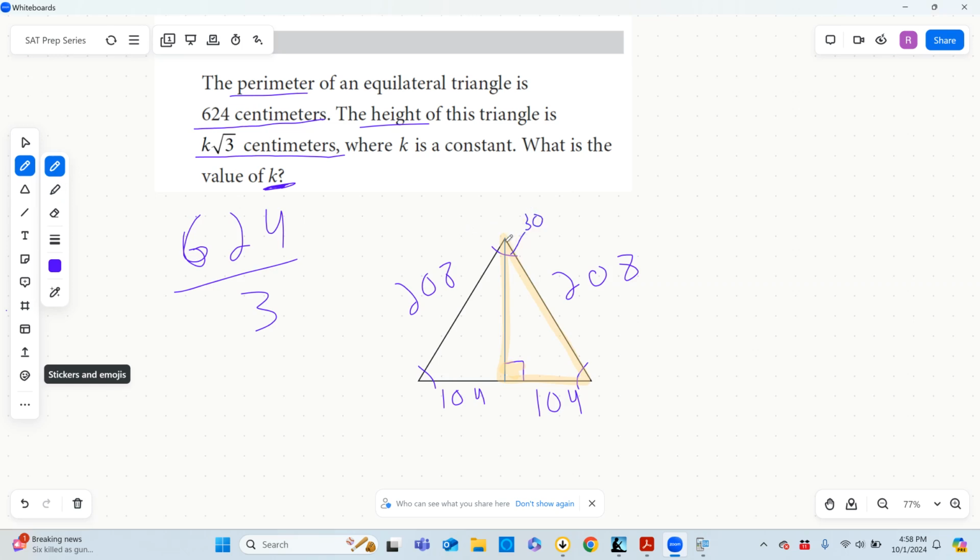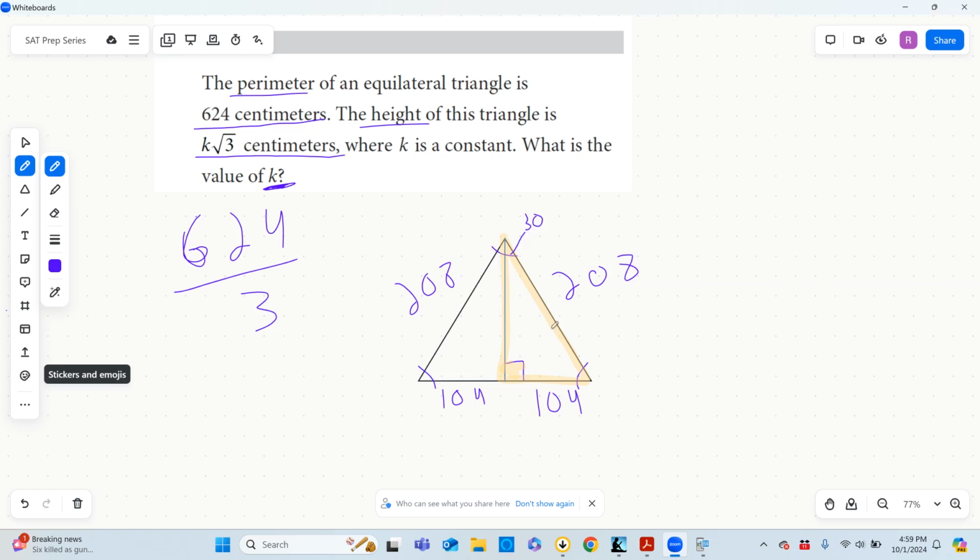Because each angle was 60, and this is going to be an angle bisector. This is an equilateral triangle and I dropped an altitude straight down, so that should split this thing in half. So this little angle in here is 30, and then this has to be a 60-degree angle because it's one of the 3 angles that make up the bigger equilateral triangle.